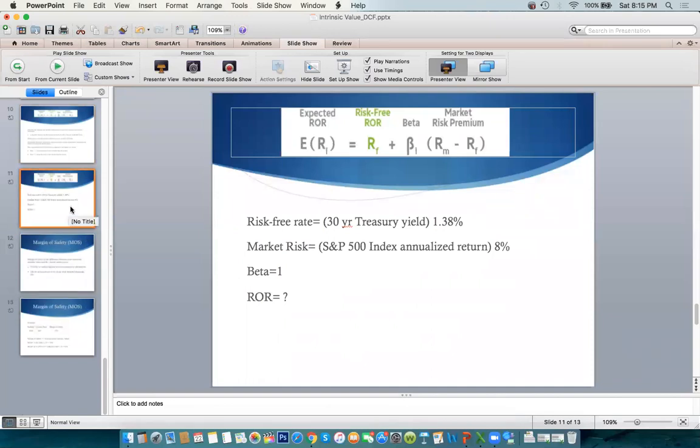And the S&P 500 index annualized returns 8%. And for beta, I just put 1 in there. You could put any other number in there if you wanted to. But if you can, let me know what the annualized rate of return would be.